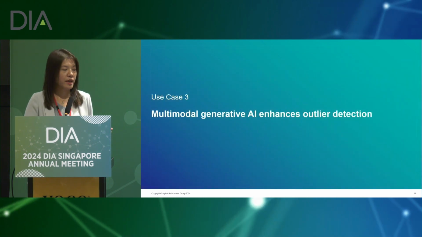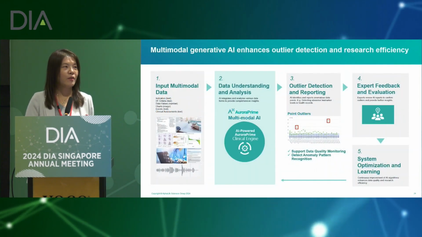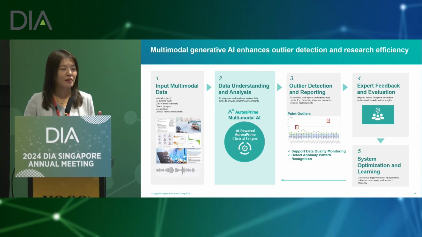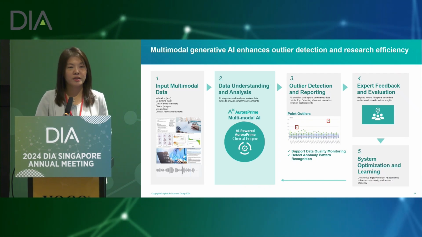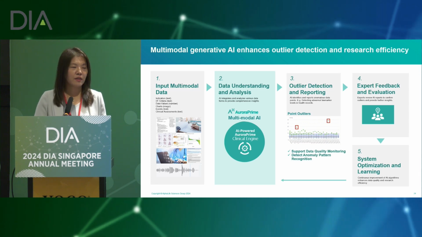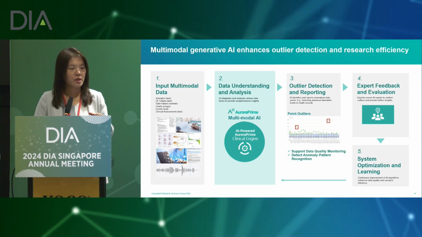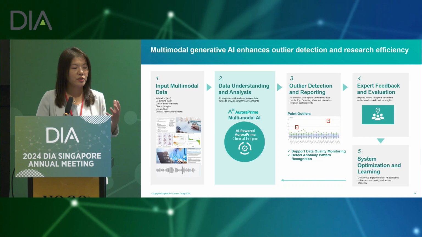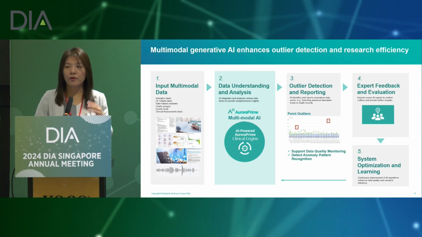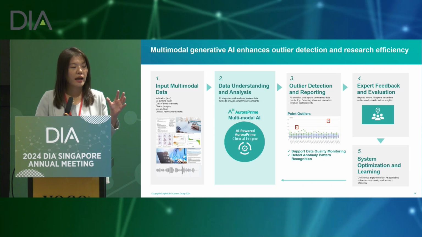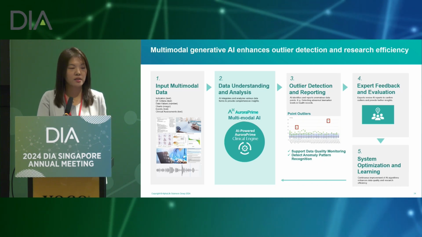Right, then the last use case to share with you is that, again, with the complexity of the clinical trial data, the multimodal data that we consume, whether it's text, paragraphs, values, charts, or images, we can use the AI integration to analyze in depth the various data formats and ingest this information.